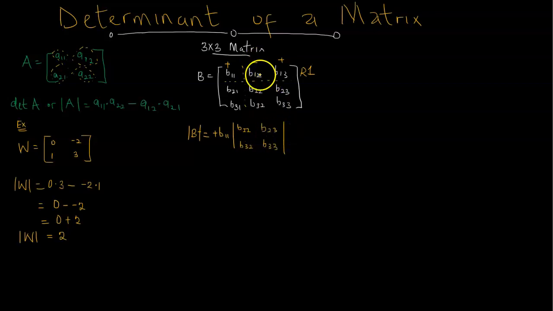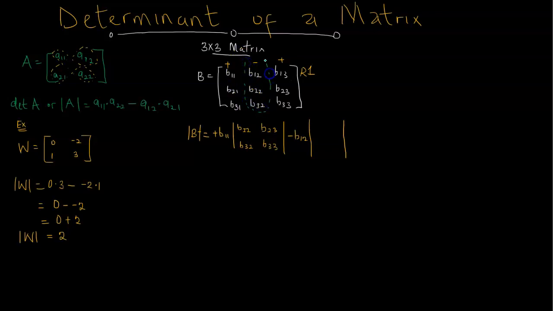Then the next one, I've got B12. It has a negative, so this is negative B12. I'm going to do a similar thing. Close all of the elements on B12 row and B12 column. So here it is.